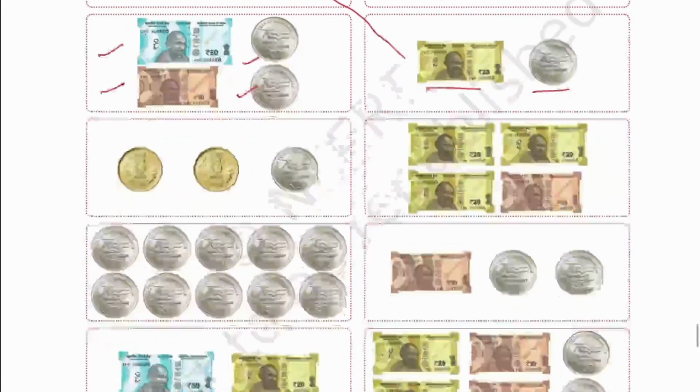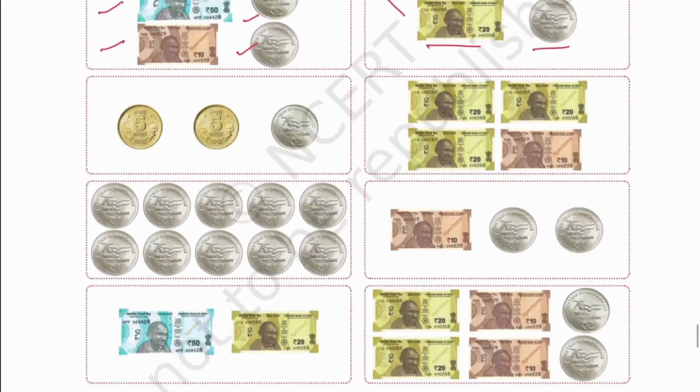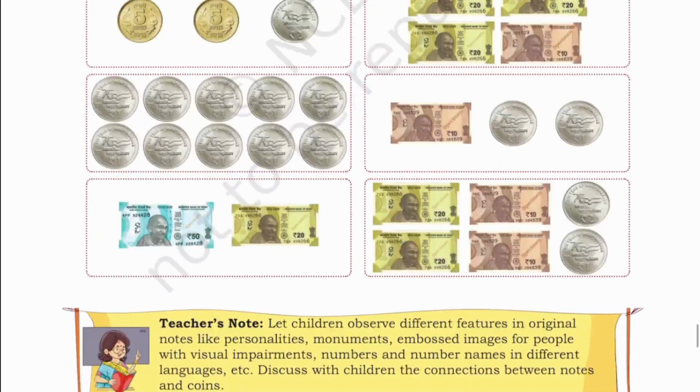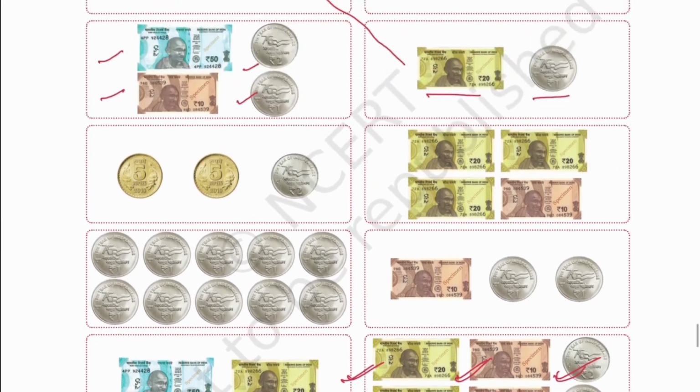63 could be made using 20, 20 and 10, that is 20 and 20, 40, and 10, 50, and 10, 60, 62 and 1, 63. Then 63 should be matched to this.